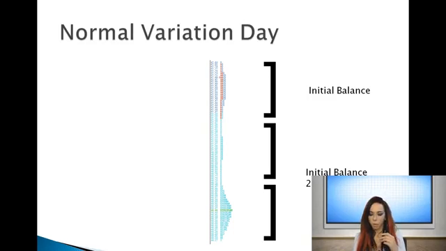But for highly liquid Forex pairs like GBP yen or crude oil, a lot of the times you might get these slips where there's just 1 TPO above the initial balance.